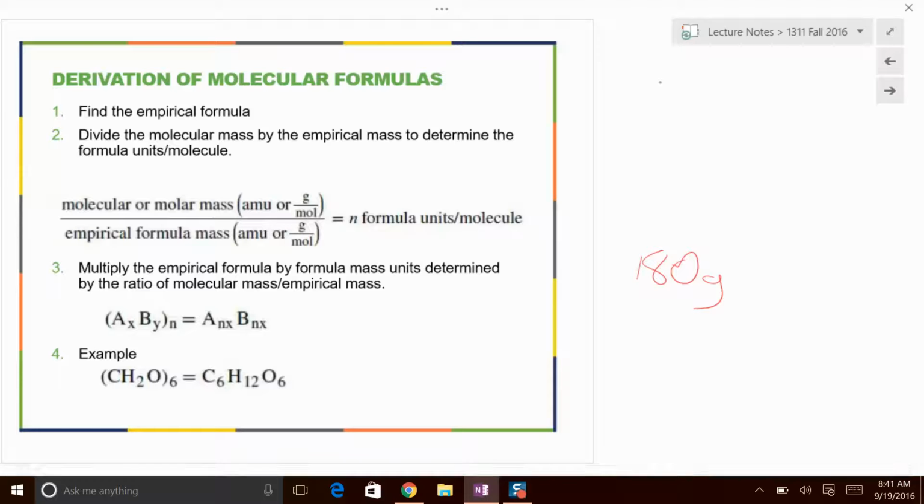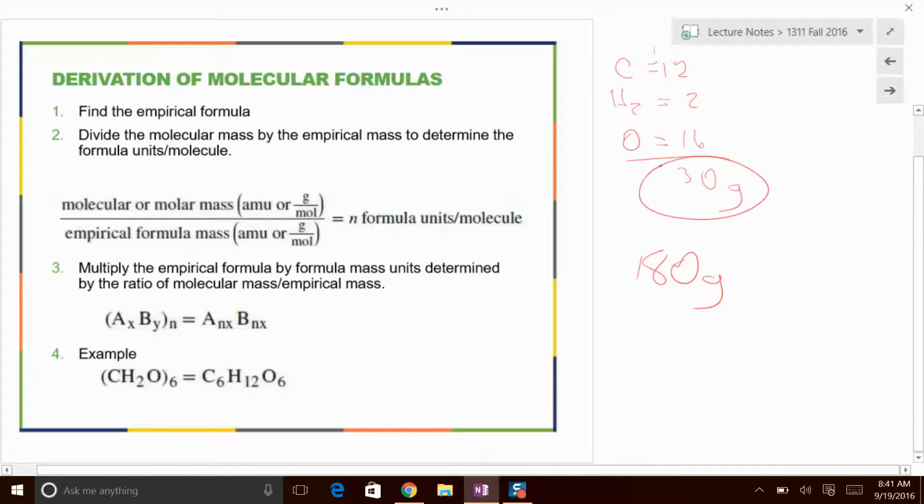CH2O, so C 12, H 2, O 16, is more like 30 grams. Okay? So this is the empirical mass. This is the molecular mass.